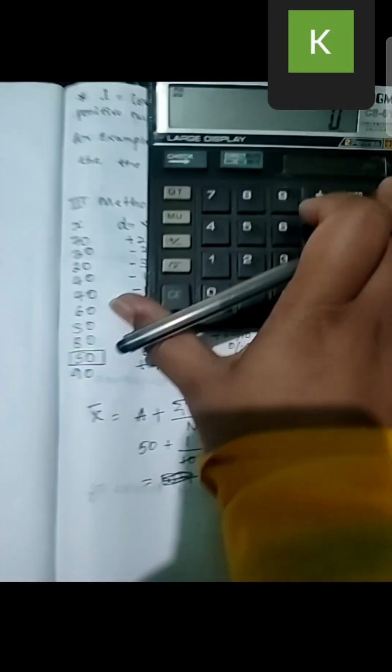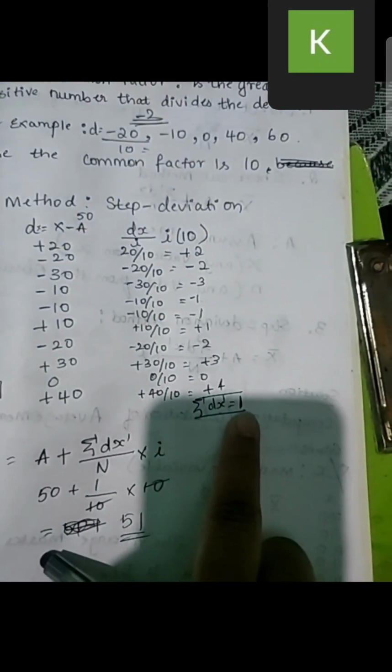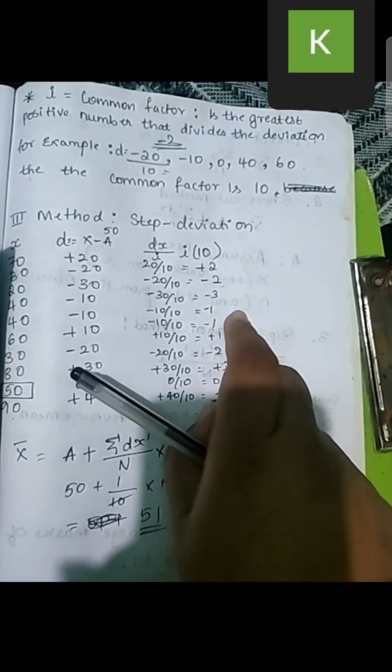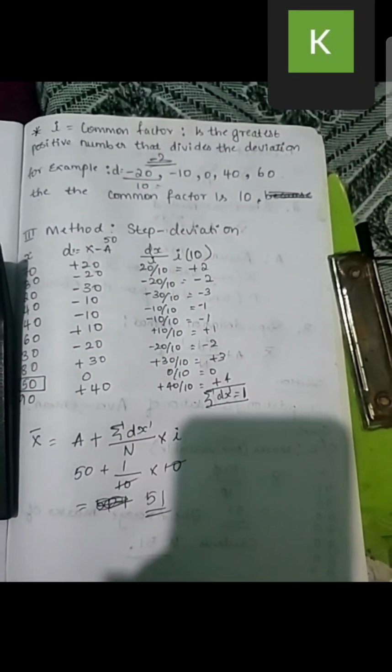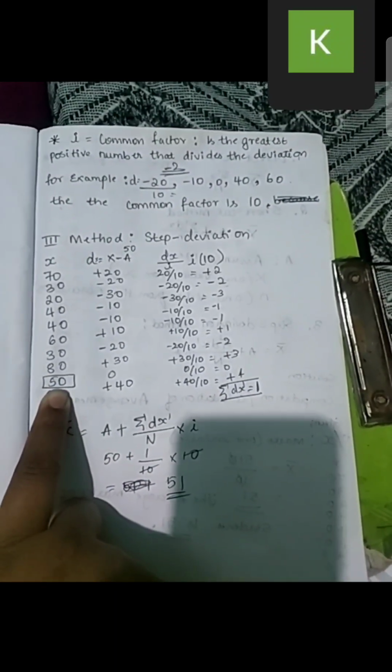How is it 1? 1 is the answer I got by adding plus 2, minus 2, minus 3, minus 1 and so on. You have taken a different value. You have taken 60 as assumed mean. I have taken 50 as assumed mean. If you take 60 then it is minus 9.